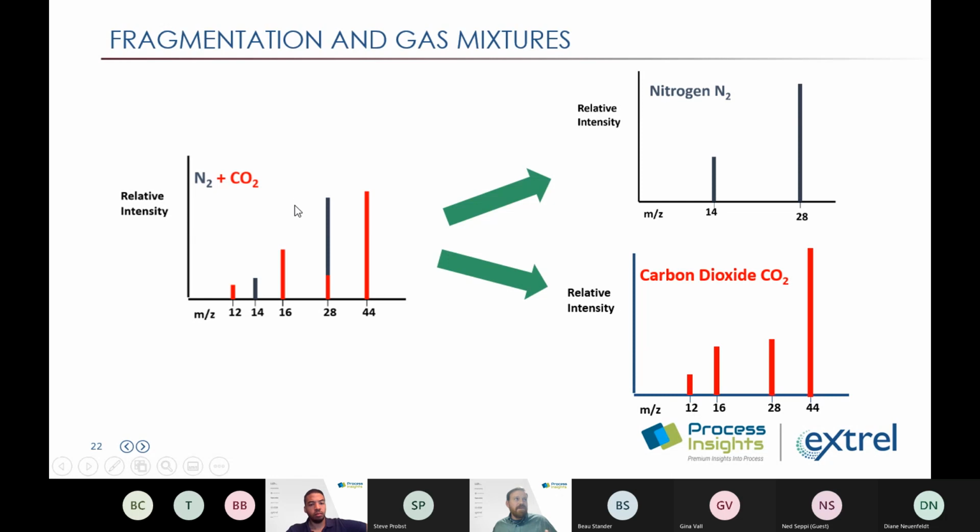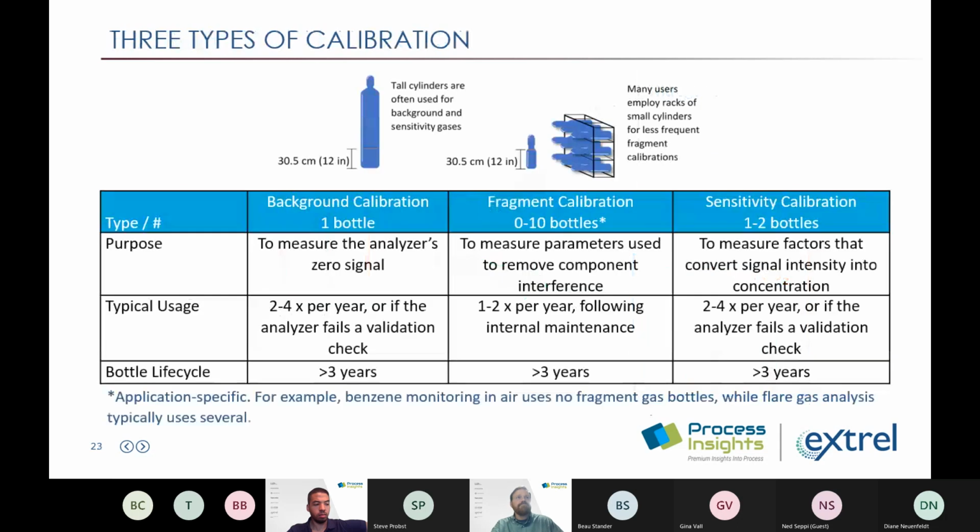For example, this shows a mixture of nitrogen and CO2, just to show how their individual mass spectra would stack up for the mass spec. In the course of doing its measurement, the properly designed method will remove that interference and make sure it's reporting just the concentration of nitrogen and CO2, and the user never has to worry about separating those two manually. It's all done in real time automatically by the software.